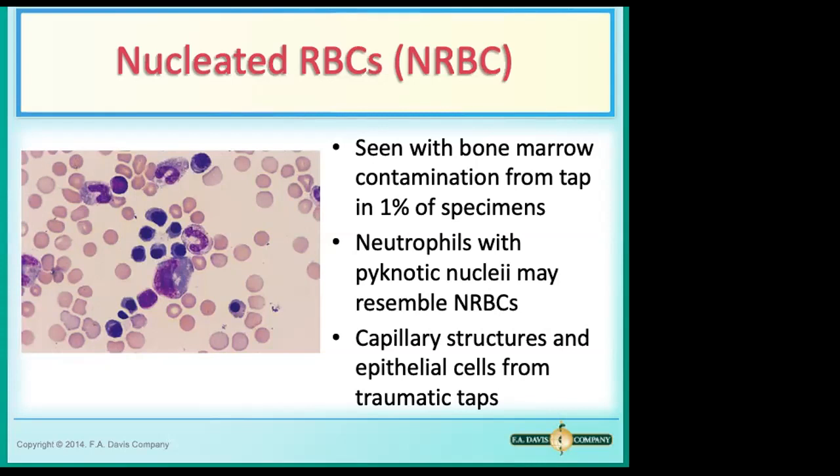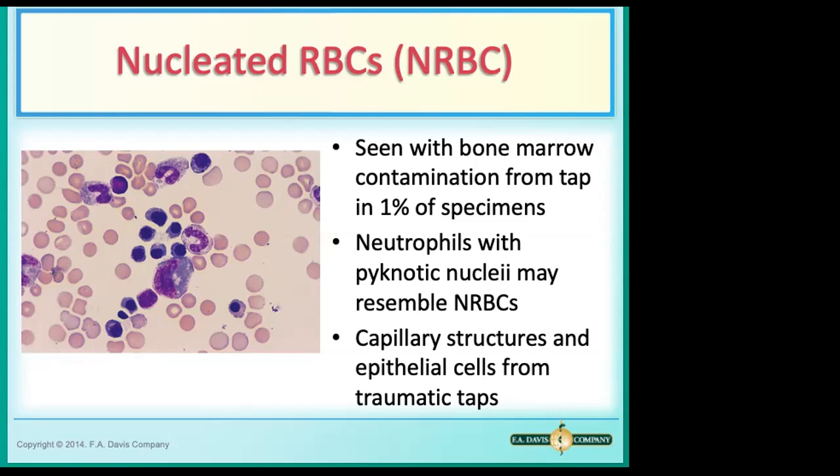There are times that neutrophils that have something called pyknotic nuclei may look very similar to nucleated red blood cells. But when neutrophils have pyknotic nuclei, that means those are neutrophils that are getting degenerated.